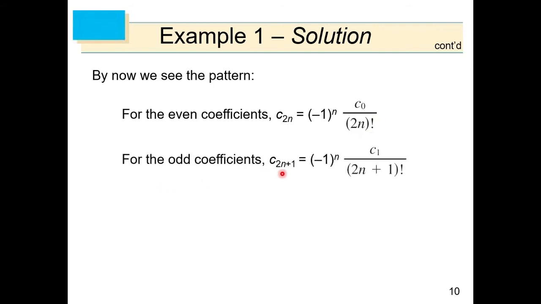For the odd coefficient, c2n plus 1 is equal to minus 1 raised to n c1 upon 2n plus 1 factorial.